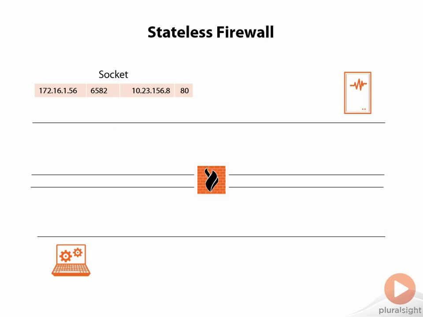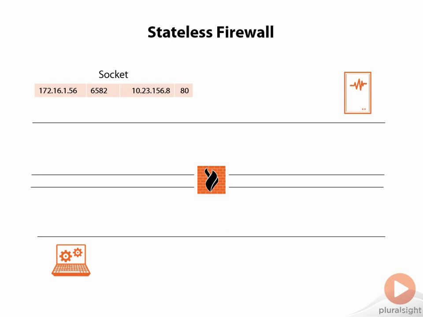A stateless firewall is one that looks at the socket defined in every inbound packet and compares it to a list of allow and deny rules. Based on the socket and the rules, the firewall either rejects or forwards the packet on to its destination. The architecture is like that of a filtering router in that the same packet headers that flow in one side flow out the other.